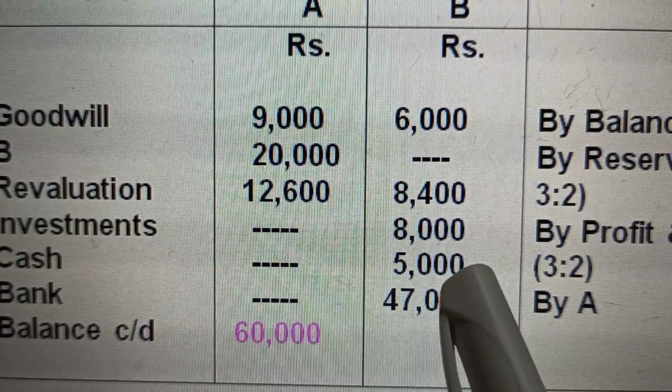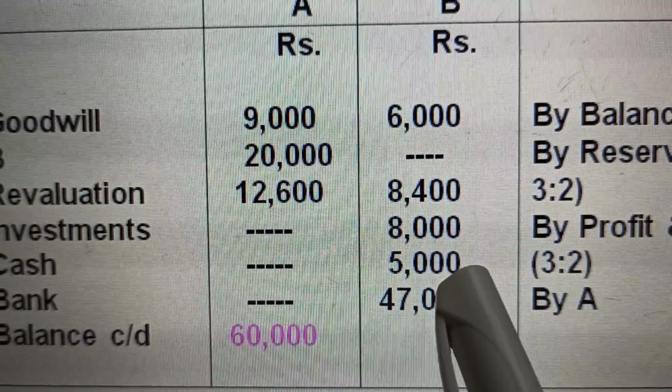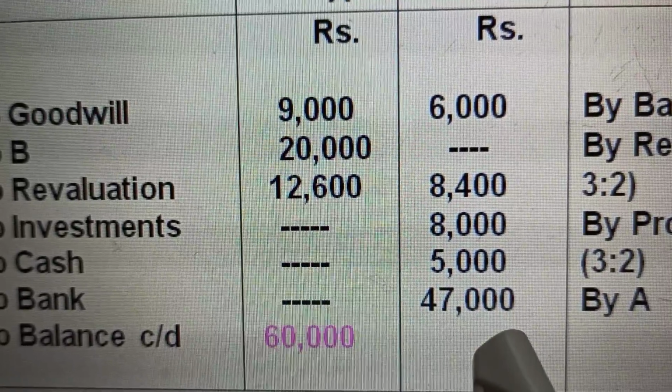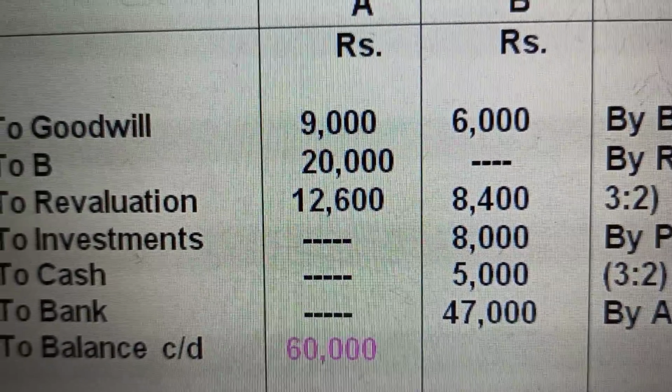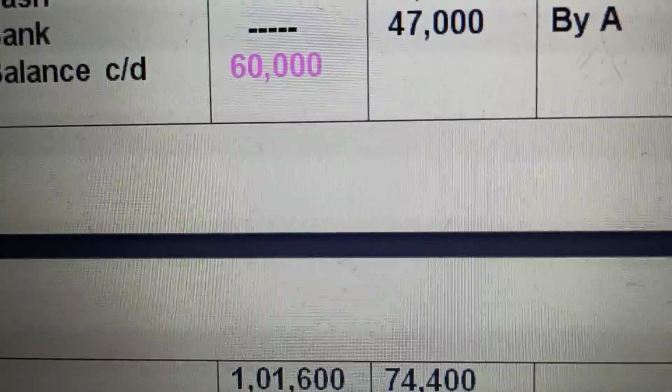The cash balance was 5,000, so 5,000 was given in cash. We did not have the remaining amount. The remaining amount, 47,000, has been taken from the bank on the security of plant and another asset.